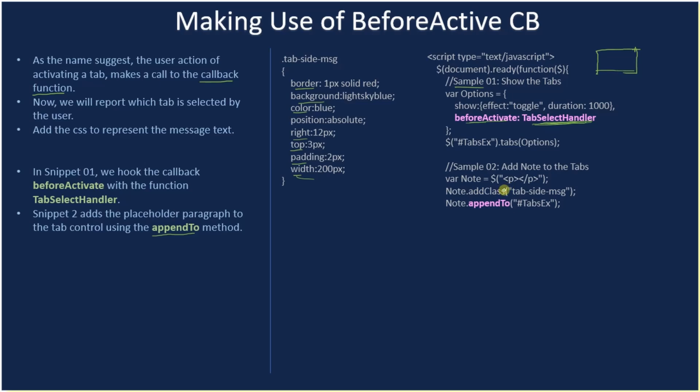When we learned about jQuery, we dealt with dynamic element creation. So we use the same technique to create an element, and we store that element in a variable called note. Then we are making use of this note variable and adding the class tab-side-message that we already created here. So this paragraph now will have this property.